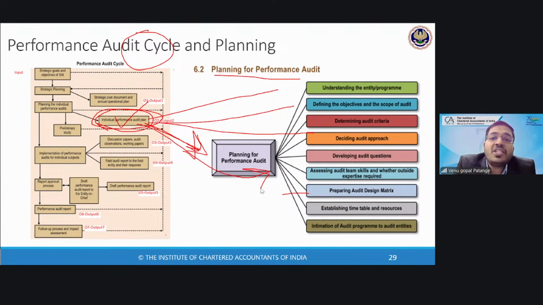So how do you justify that they have done wrong, that they have done unnecessary expenditure? Debatable issue, right? It's not like financial audit, where something is to be classified as revenue expenditure and they have classified it as capital expenditure. It is not that simple. Something which the law is telling you to do this way, you have done another way. It is not that easy, right? So performance audit is very judgmental. Okay.